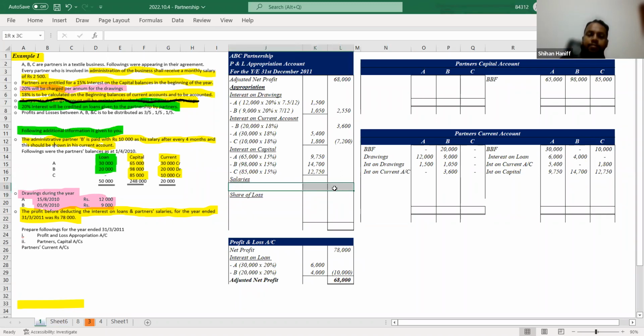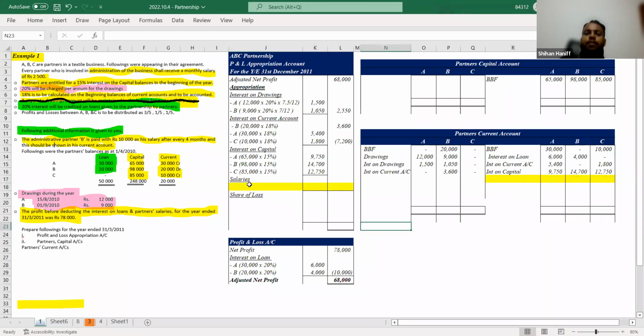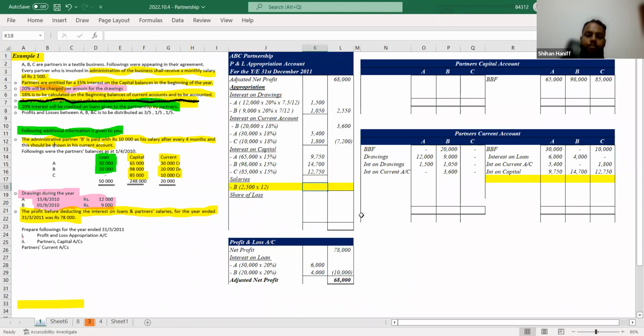Payable double entry is appropriation account debit, current account credit. Salary payable, that is 2,500 into 12. Partner salaries.